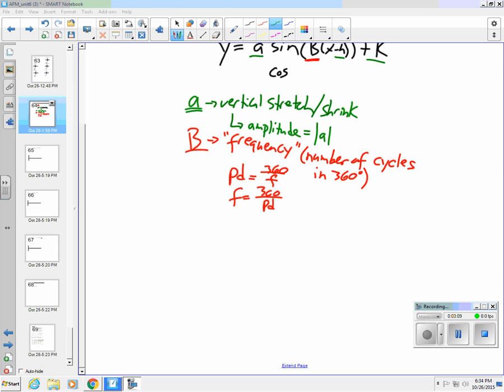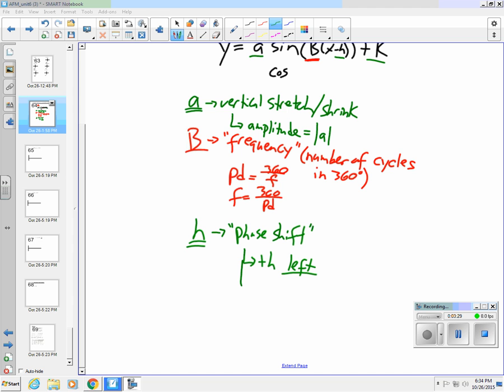So h is going to do the same thing as it has before. It's going to be a horizontal shift, but for sine and cosine, we call this a phase shift. But all that means is we're moving left and right. So same as before, if it's plus h, we're going to be moving left.